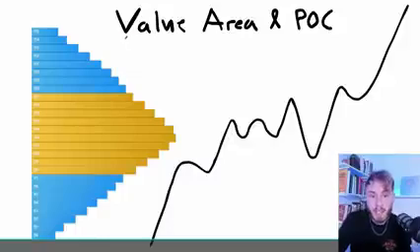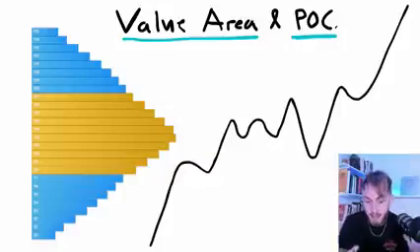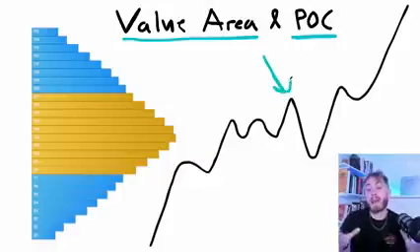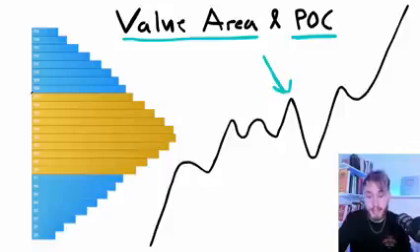Okay, so to understand value area and point of control, I want you to look at this image right here. You can see the black line right here. Imagine that the black line is a price movement, and here the value area, remember the value area is where 70% of the trading took place.